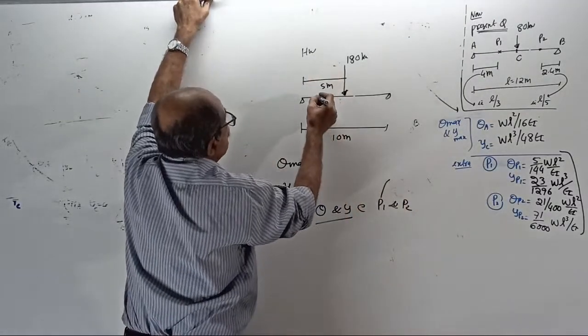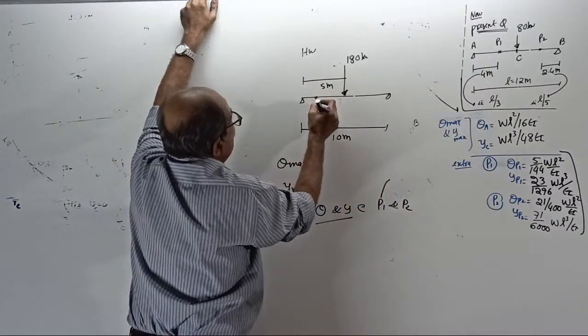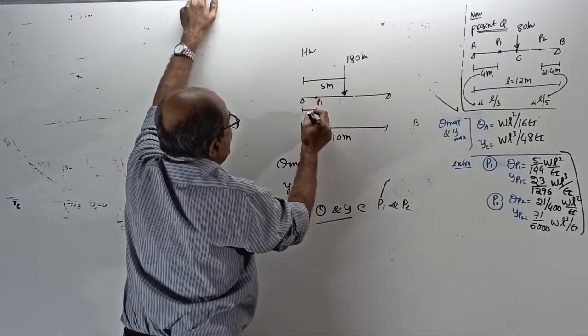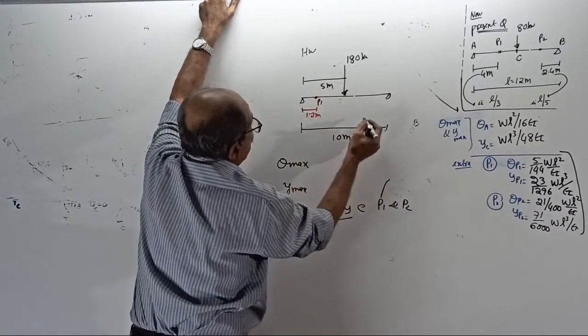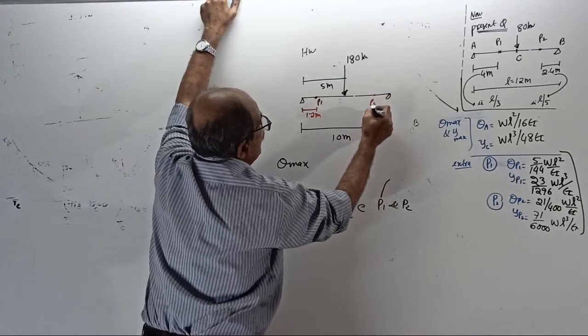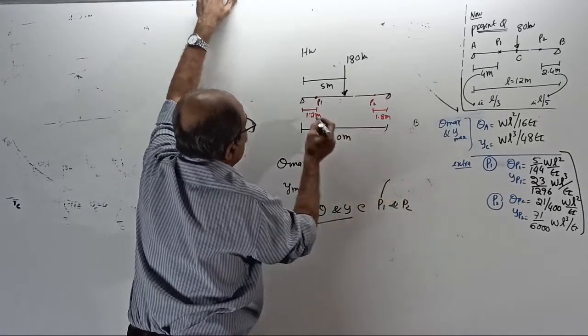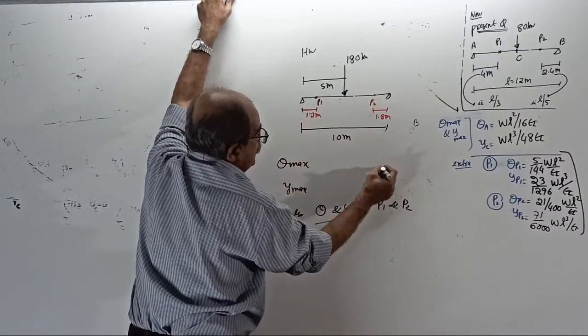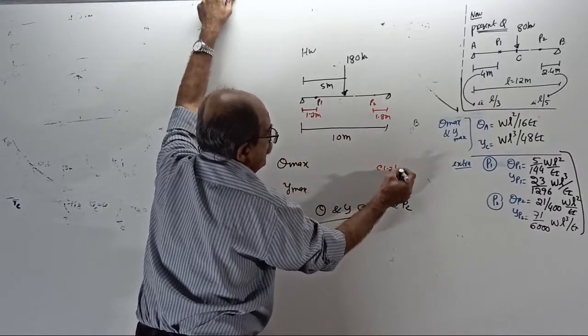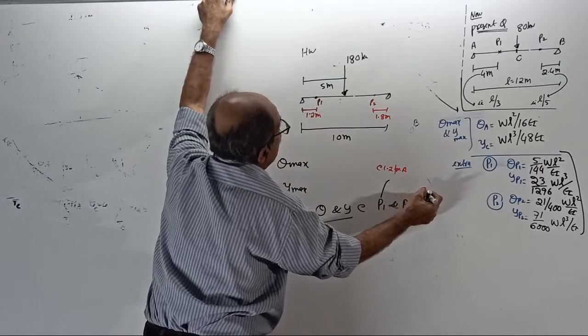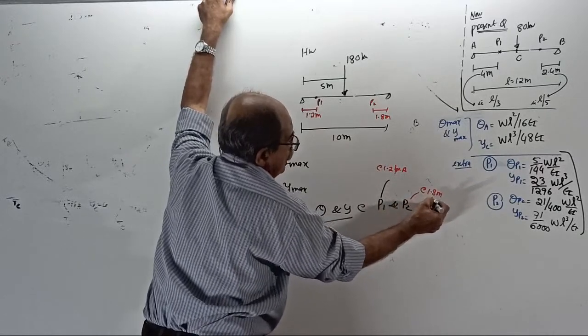P1 is at 1.2 meter from A, and P2 is at 1.8 meter from B.